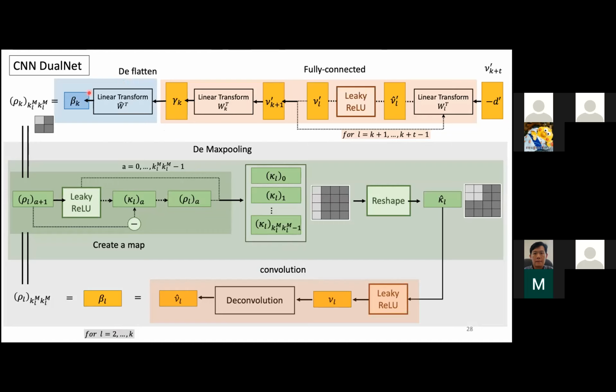Here is the result: a dual network for the CNN we mentioned at the beginning. Here we also feed the minus D prime scatter into this network and get the dual variables we need to compute the objective function. Then we can also verify whether the network can be attacked or not.